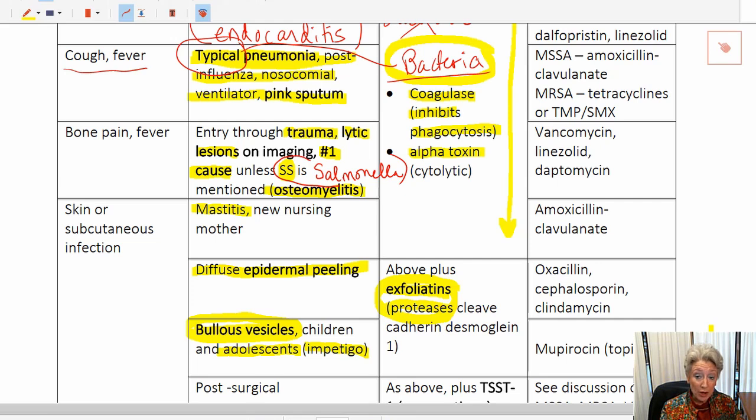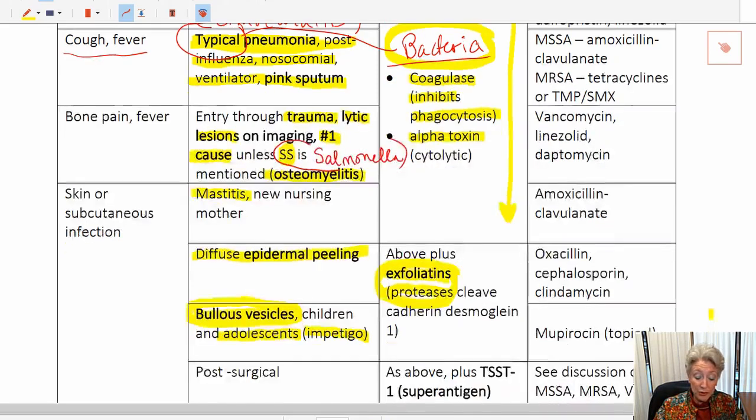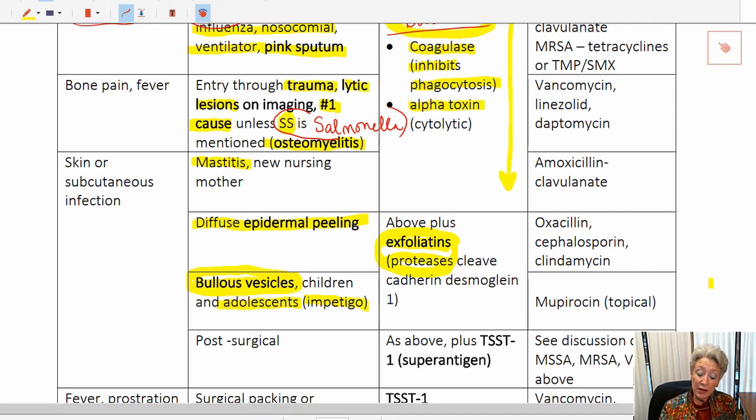When I think of streptococcal impetigo, as you'll see shortly, that's typically a weeping, oozing condition that is sometimes described as looking honey-crusted. Okay?